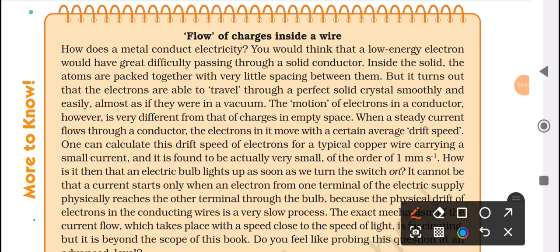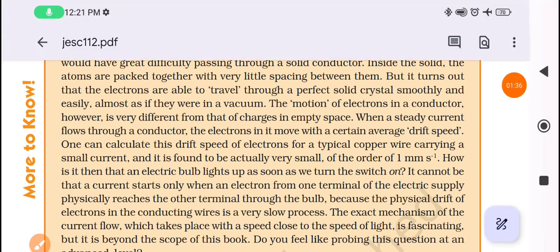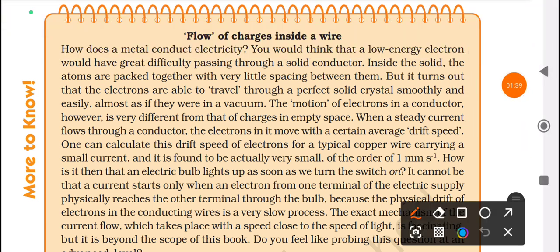More to know. Flow of charges inside a wire. How does a metal conduct electricity? You would think that a low energy electron would have great difficulty passing through a solid conductor.